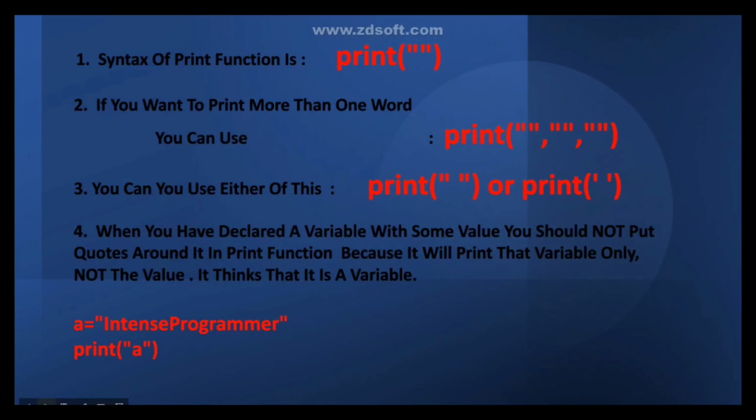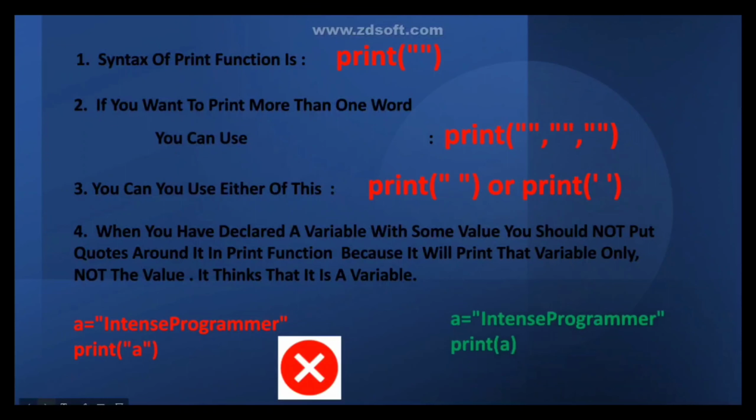A equal to intense programmer, I have assigned to the variable called A, and when I try to print it, I pass the variable name A and put double quotes around it. It will treat it as text and print A on the output screen. So this is the wrong one. What is the right one? You must remove the double quotes or single quotes around the variable, so it works fine and displays intense programmer.